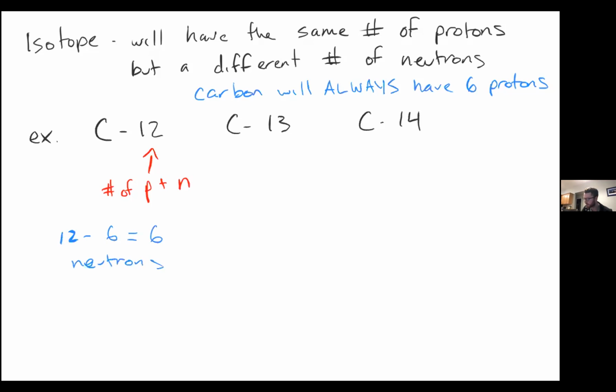Here, 13 minus 6 gives 7 neutrons. And 14 minus 6 will give us 8 neutrons. Okay, so those are isotopes, the same number of protons, but a different number of neutrons, okay?